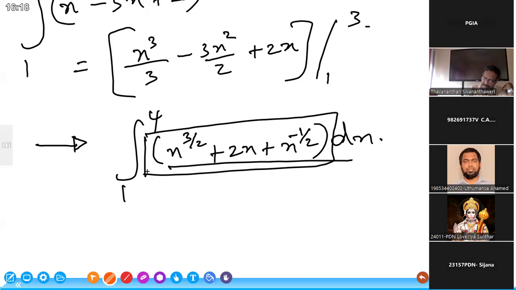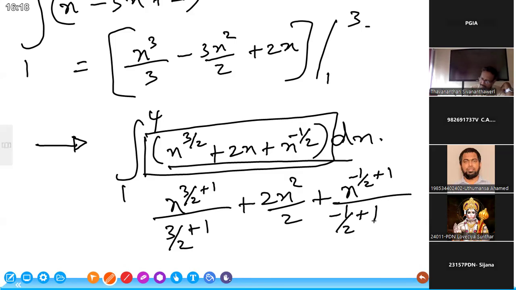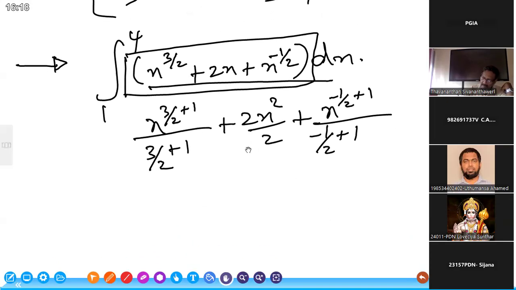When you integrate that function: x to the power 3 by 2 plus 1 divided by 3 by 2 plus 1, plus 2x squared by 2, plus x to the power minus half plus 1 divided by minus half plus 1.